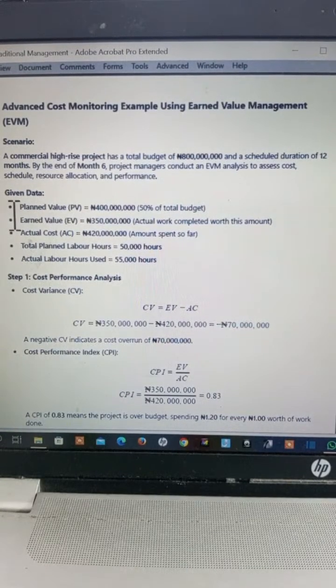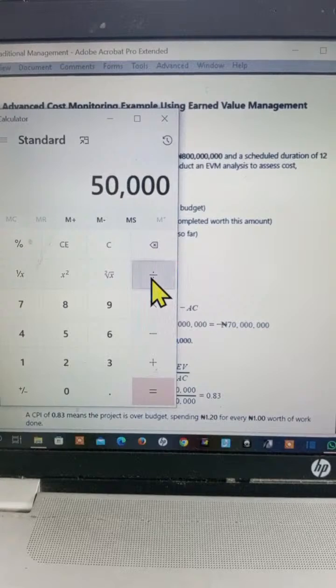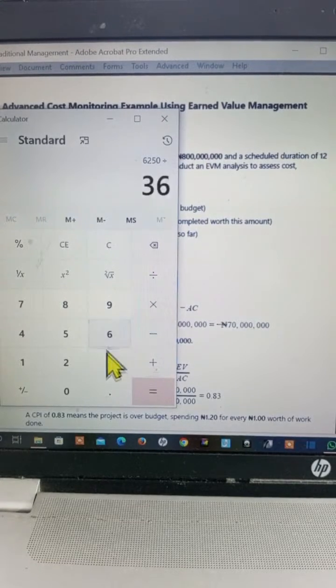Total planned hours is given as 50,000 hours for the project. If you divide 50,000 by 8, what would you have? Let's look at that quickly. 50,000 divided by 8 equals 360.